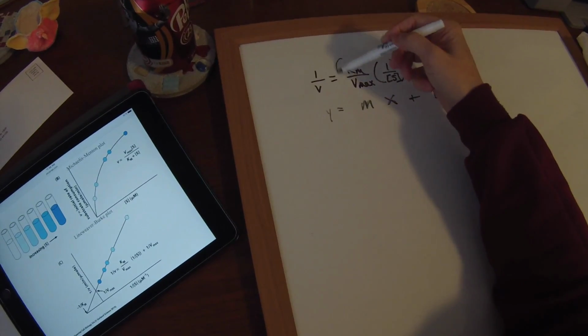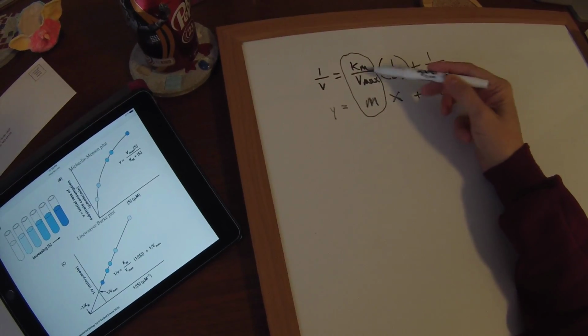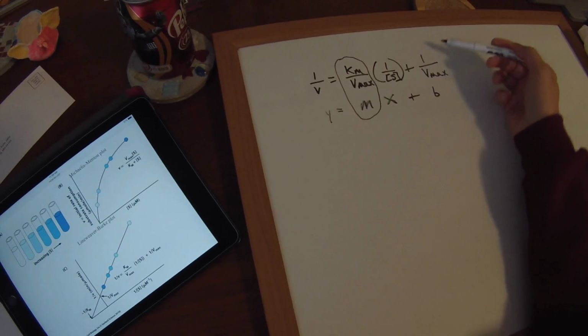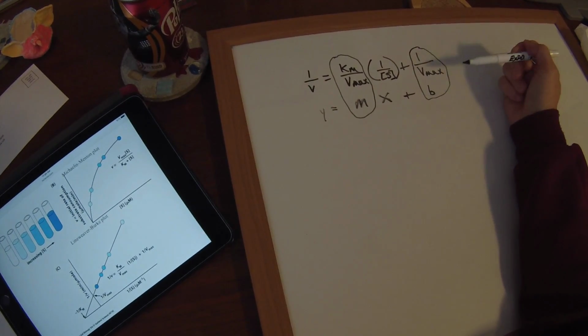So these refer to the same thing. Our slope here is Km over Vmax. Our y-intercept b is 1 over Vmax.